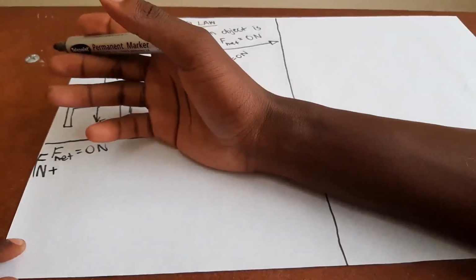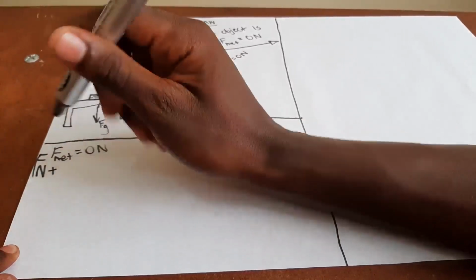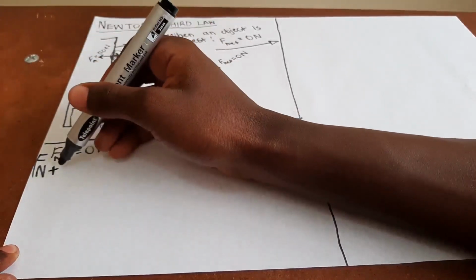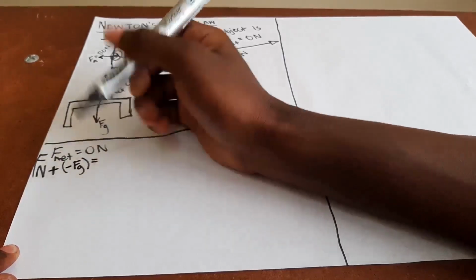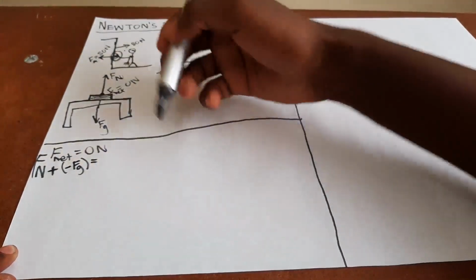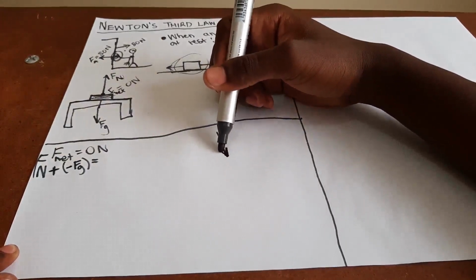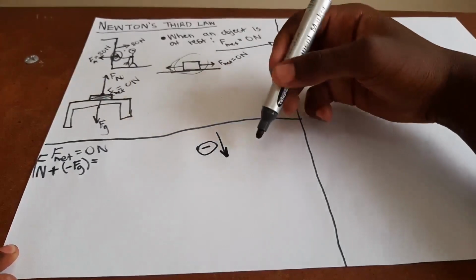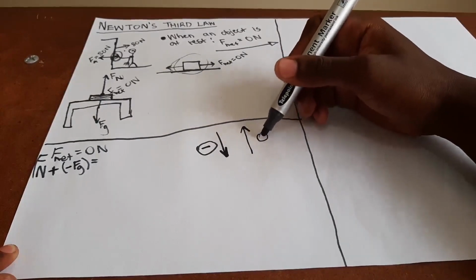Plus, the net force is the sum of all forces acting on an object. That's why I put the addition sign, plus the gravitational force. The gravitational force is minus. Wait, why is the gravitational force minus? You should know that each and every force acting downwards on the object is negative, and each and every force acting upwards on the object is positive.